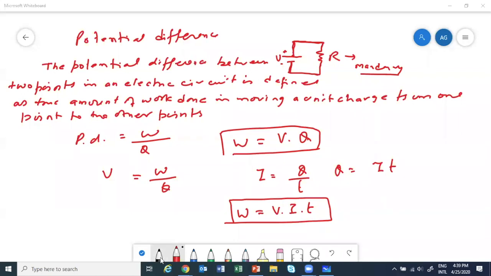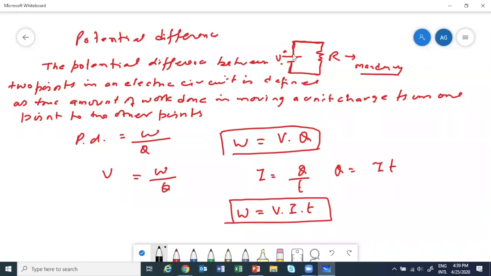I'll take another pen. See, this is an electric circuit. In the electric circuit, this resistance is very important. Without it, our circuit does not work. Here is a volt, the potential difference.